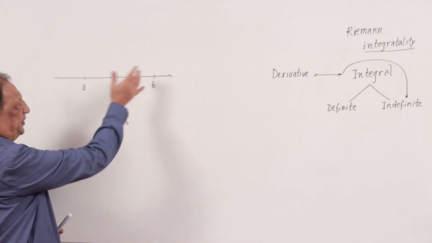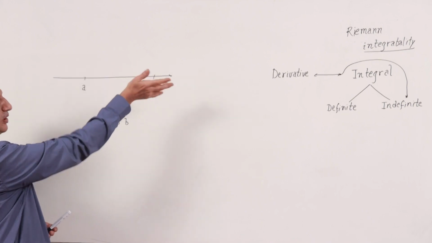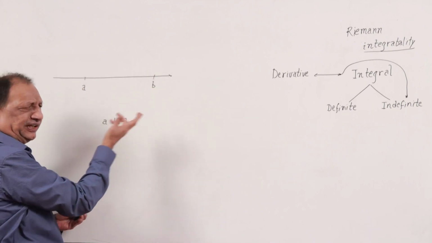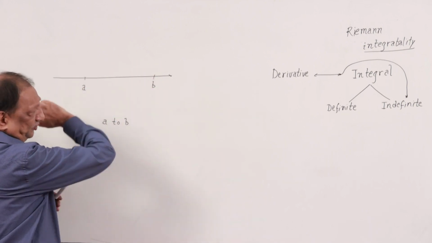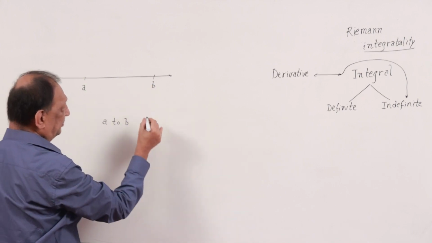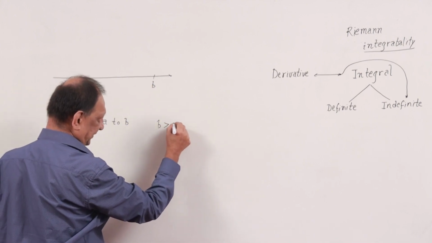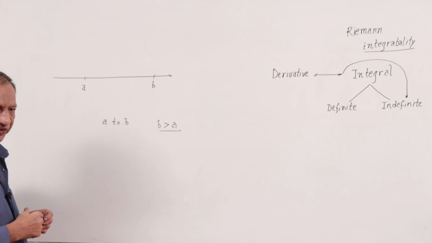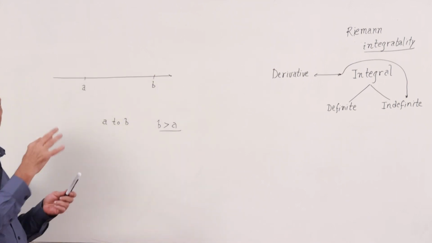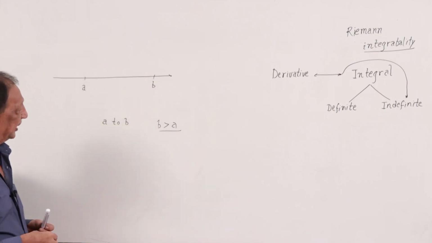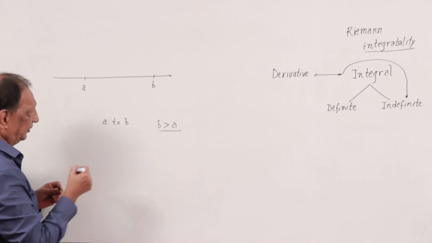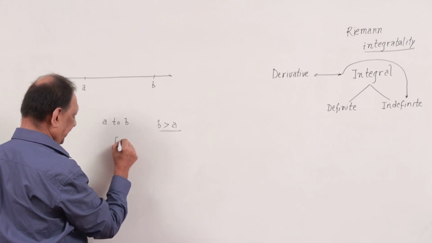In this case, I have shown b as a bigger number than a. Both can be negative, both can be positive, doesn't matter. b is to the right of a. So I have written b greater than a. That is the picture. Or it could be to the left, and the meaning will become different. So I have these two points in this interval. So the interval is obviously the closed interval [a, b].